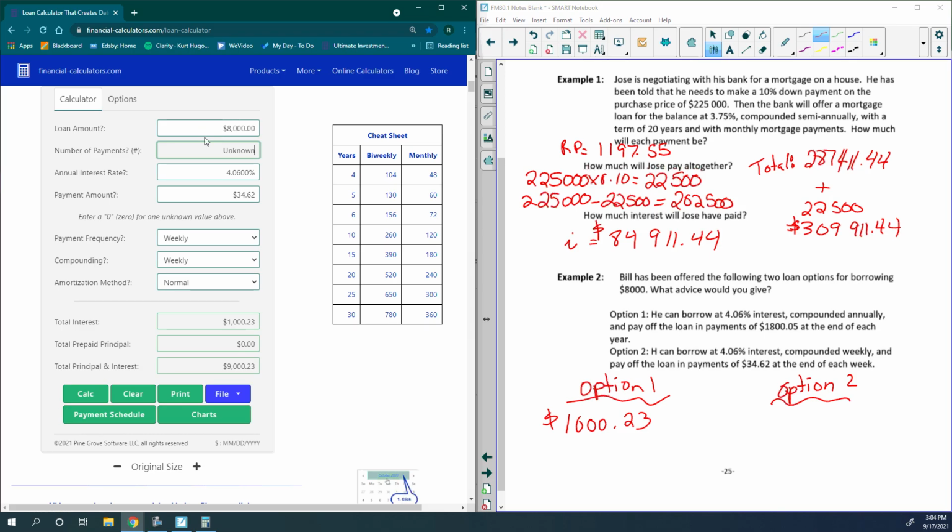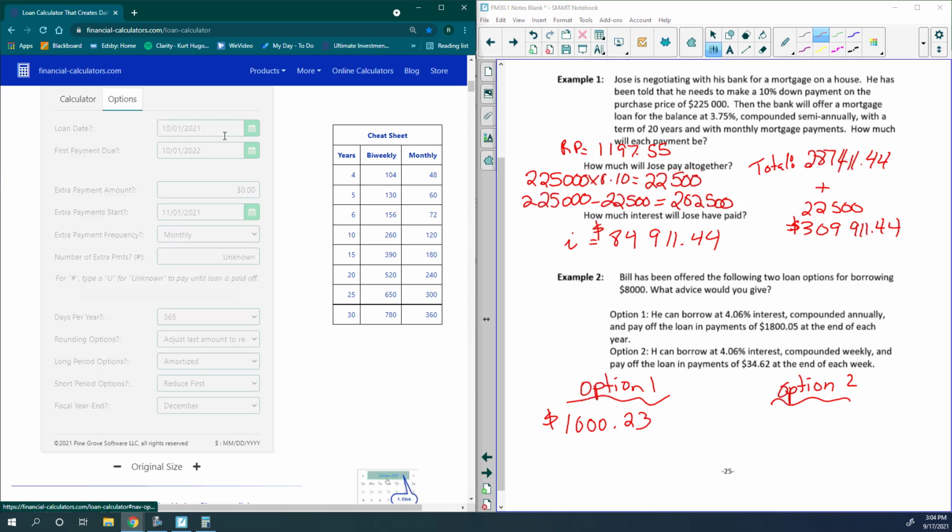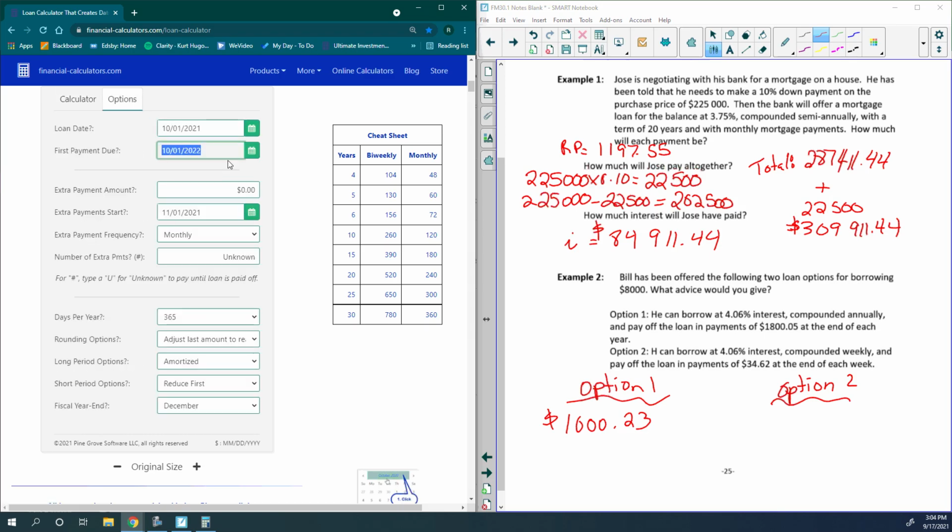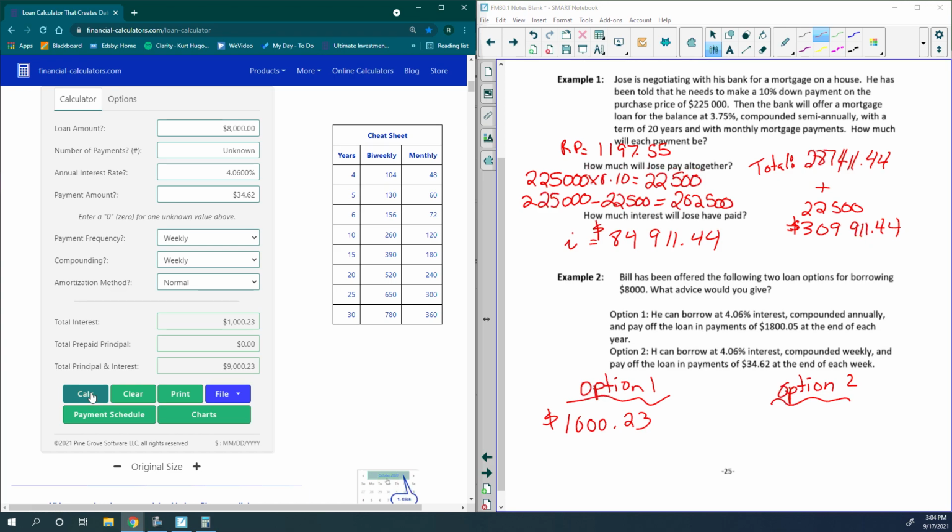And the loan amount is still $8,000. Go to my options. This time the dates need to be a week apart, so 10/08/2021. Go back to my calculator, hit calculate. And this time it works out to be $825.67.